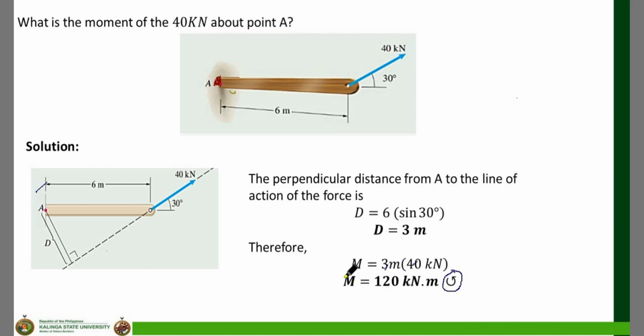When we talk about moments, it is very important to also indicate the direction of your moment. Okay? Are we clear on that?